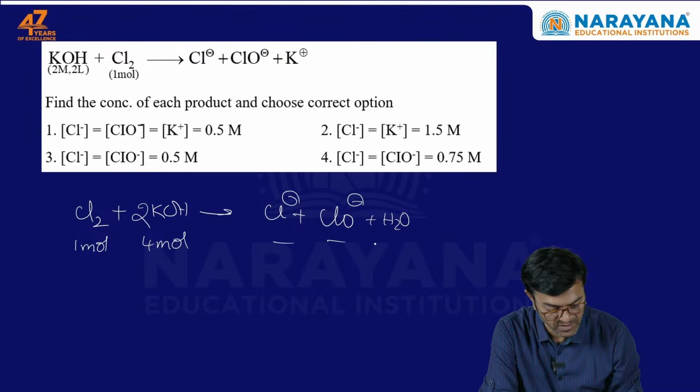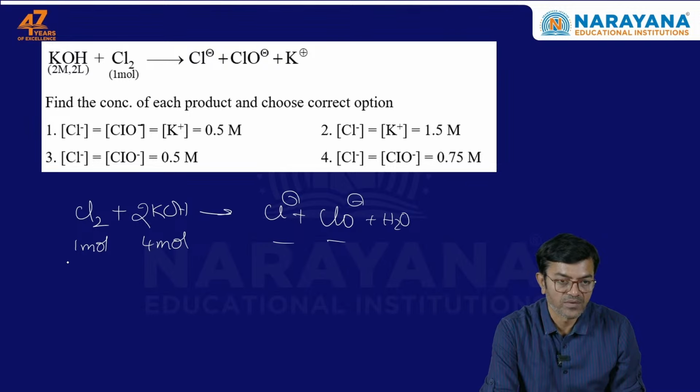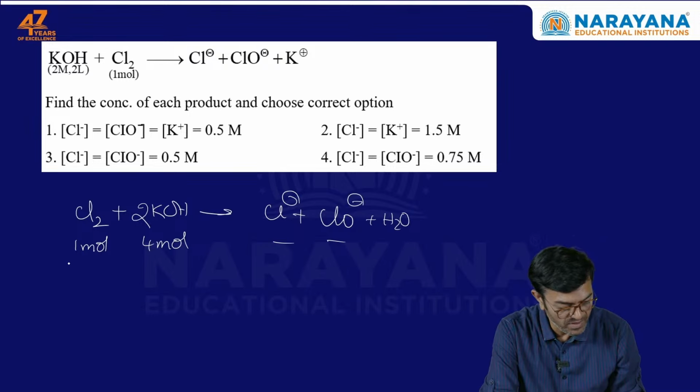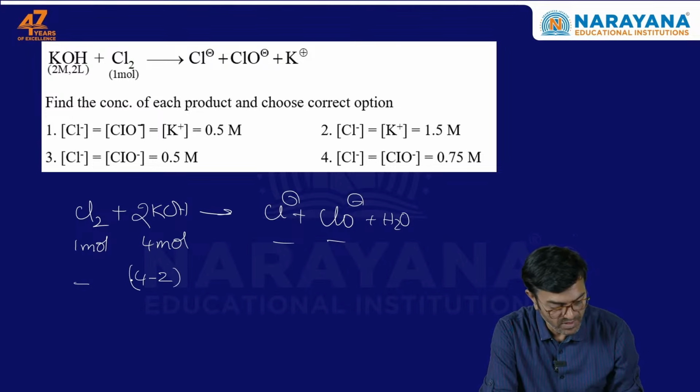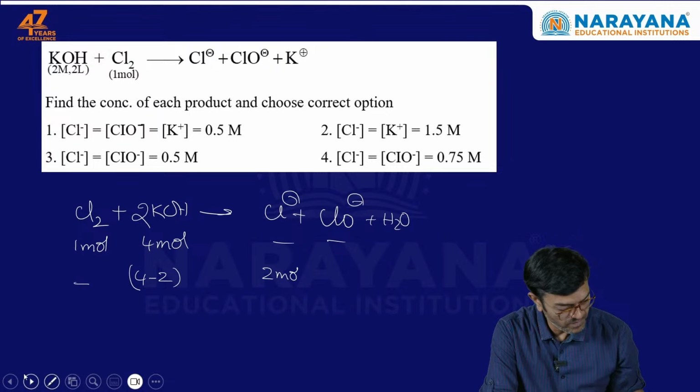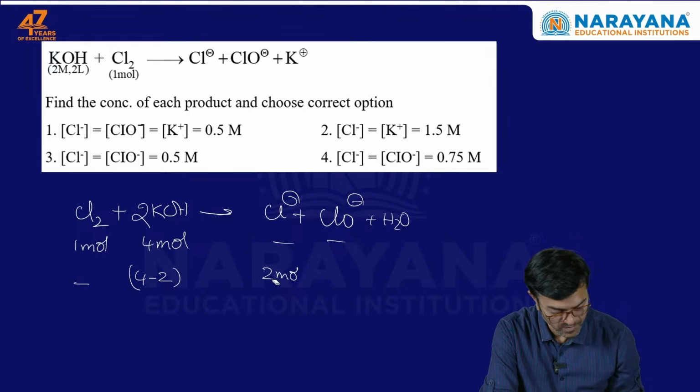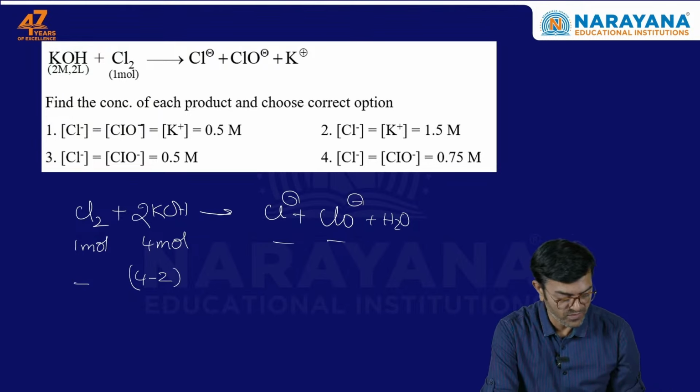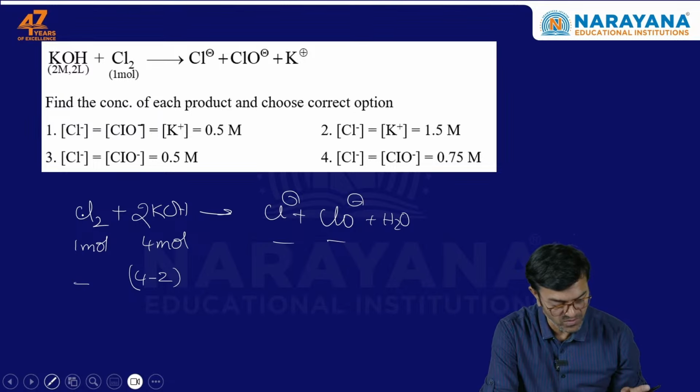This is before reaction. After reaction, the limiting reagent is chlorine, so it will be completely consumed. As they are reacting in 1:2 ratio, out of 4, 2 moles will be gone. Here we will be getting 2 moles. Out of 4 moles, 2 moles are gone, and chlorine and chloride are reacting in 1:1 ratio.